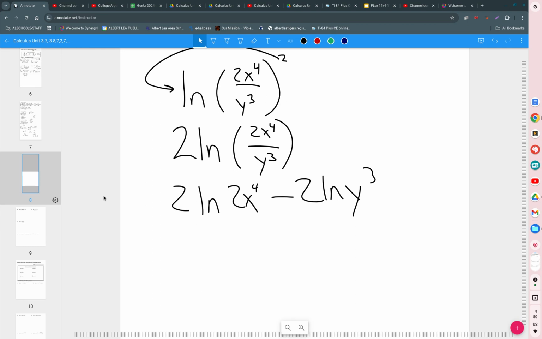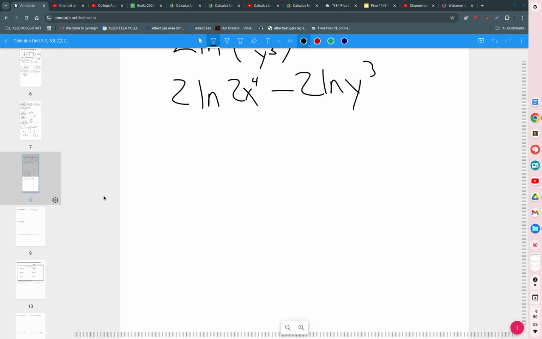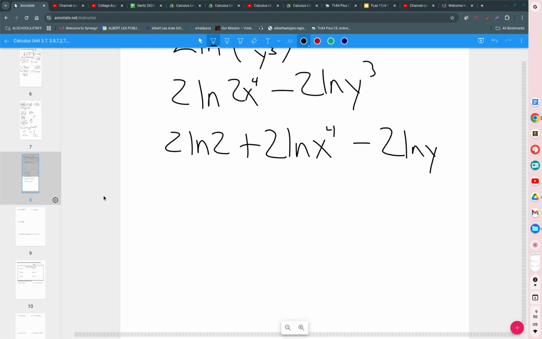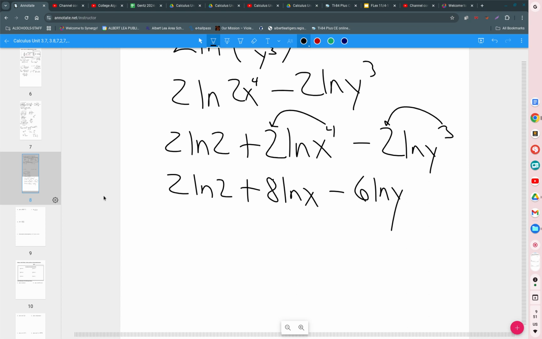We can even move this further and say we've got 2 times the natural log of 2 plus 2 times the natural log of x to the fourth minus 2 times the natural log of y cubed. We could separate the 2 from multiplication into addition. And finally, you can move these out front as well and get 2 natural log of 2 plus 8 natural log of x minus 6 natural log of y.